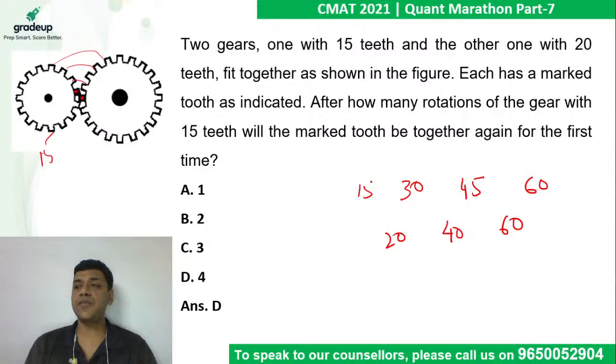So once 60 teeth have moved, the marked tooth of the smaller gear will be here after completing 4 rounds, while the marked tooth of the bigger gear will be here after completing 3 rounds.